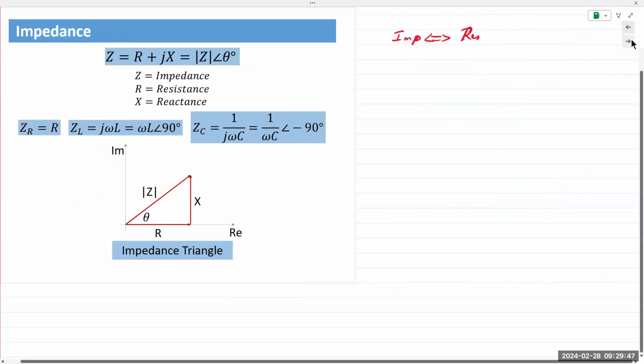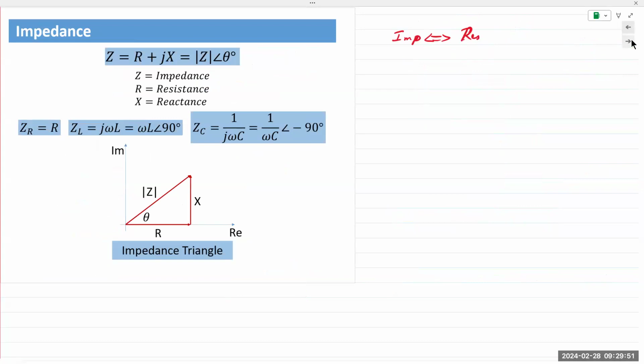Okay, so impedance. Impedance, resistance, reactance, they all are kind of synonyms of each other. They all work similarly because they are opposition to something. Resistance comes from resist, right? You're opposing the flow of current, opposing the establishment of voltage.